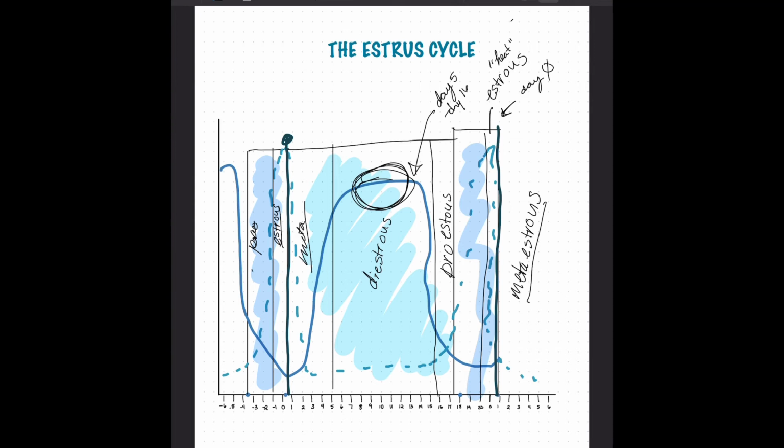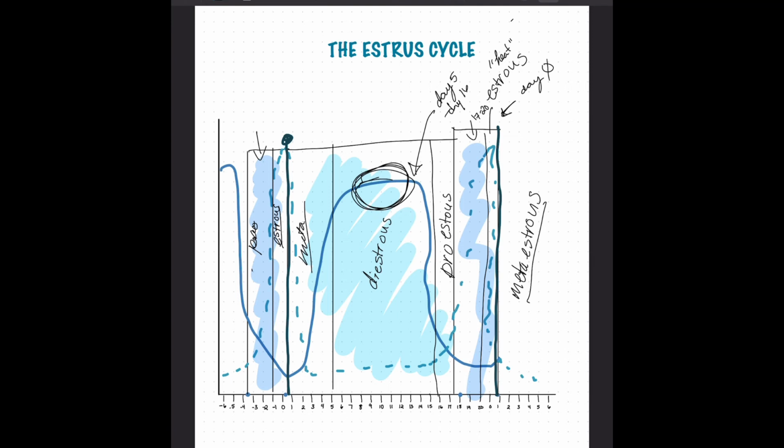Proestrus, which is before ovulation, and it's actually before the estrus cycle here and here, is day 17 through 20, because estrus begins on day 20. It's high in progesterone and then transitions to high in estrogen.